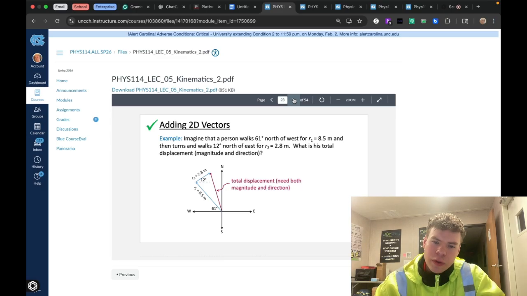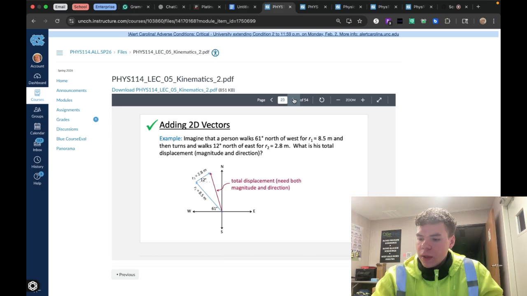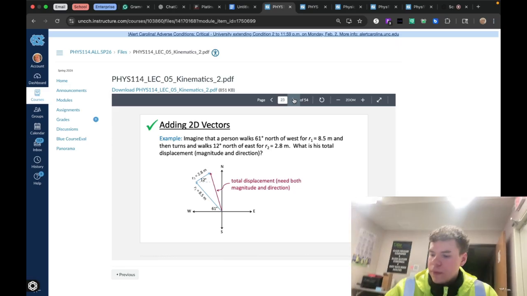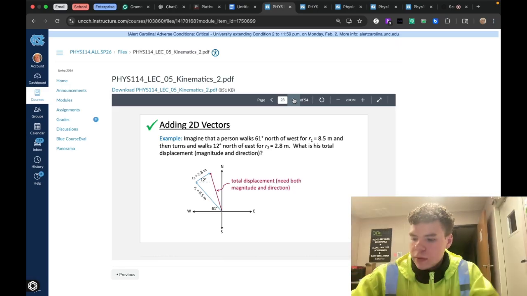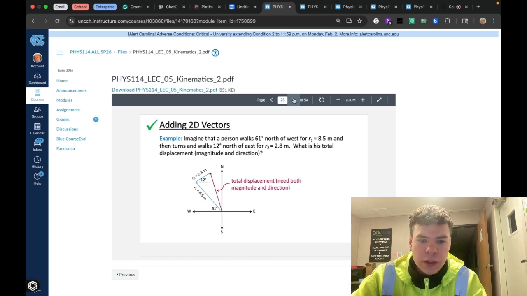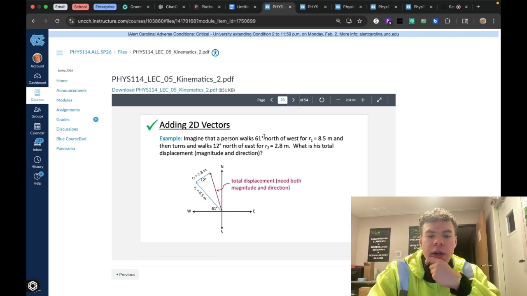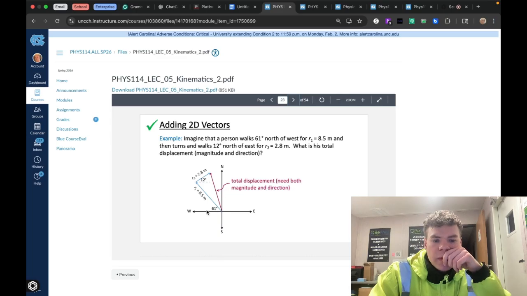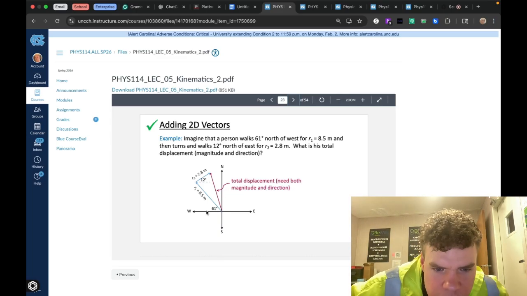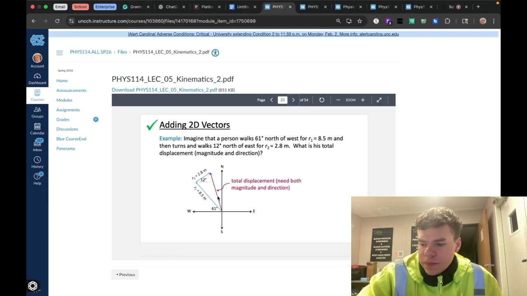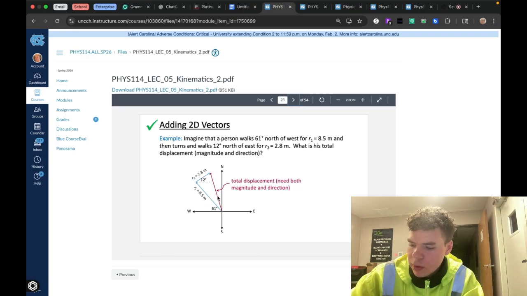When they say north of west, you need to understand what they're asking for. Let me write this out, because I messed up the angle. 61 degrees north of west means 61 degrees here.